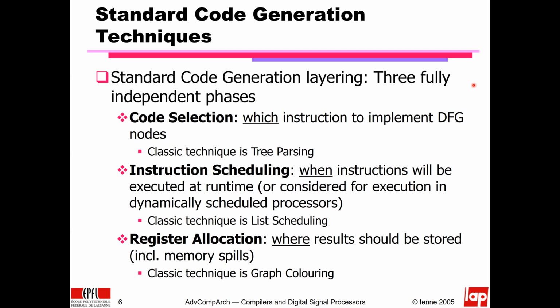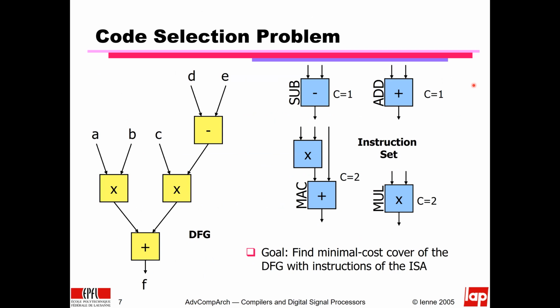And which value is more convenient to spill? So I'm going to review the classic techniques for these three problems so that we'll also understand a little bit more the three problems, because somehow we'll look at some of these problems also in the context of some DSP architecture.